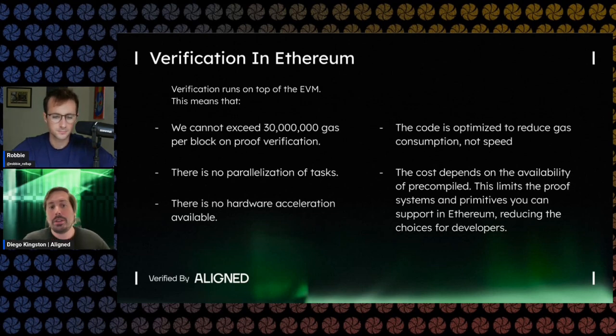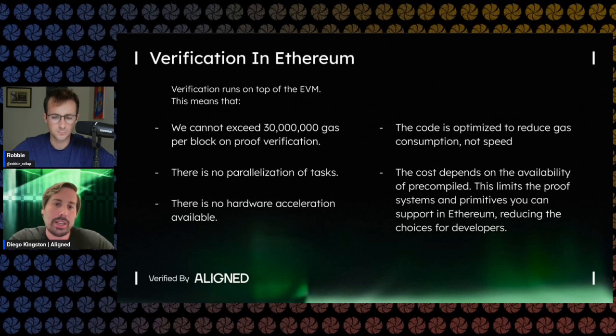For example, if we get millions of proofs from different rollups or applications, and we want to verify them, if we can parallelize, they are easy tasks, and we can process maybe millions or at least thousands of transactions per second. Then we don't have any kind of hardware acceleration. We cannot leverage GPUs or whatever, because again, the upper capacity is bounded by the gas per block.